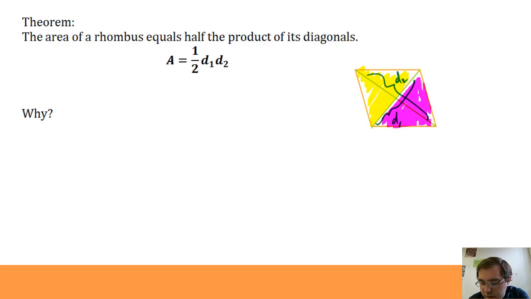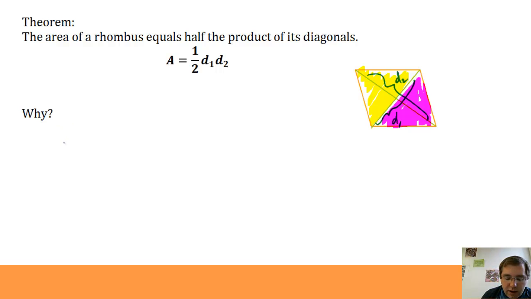Those are congruent because of the nature of a rhombus, but that also means that the bases of those are both the same. They're both D1. And the altitudes of both of those are going to be equal. The heights of both of them are going to be equal. They're both going to be half of D2.